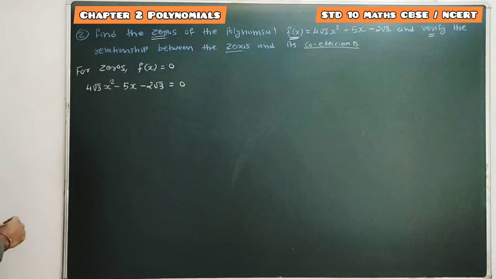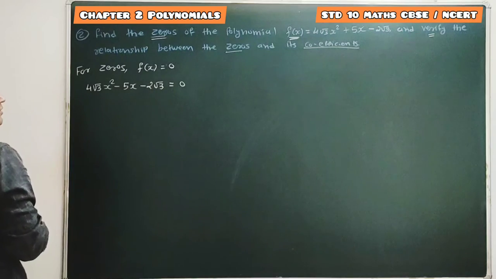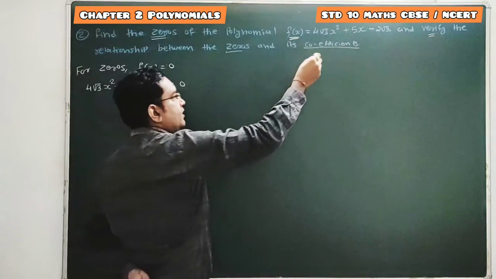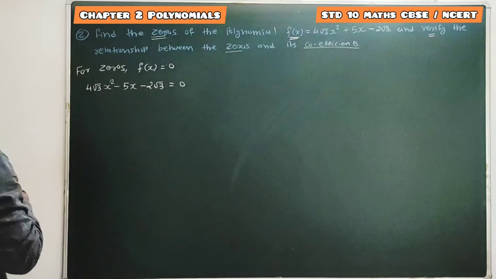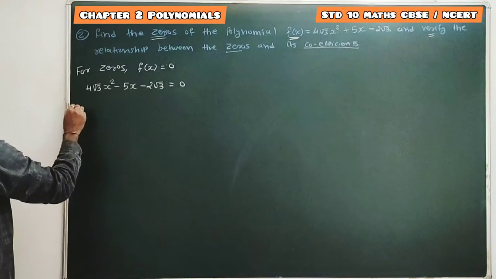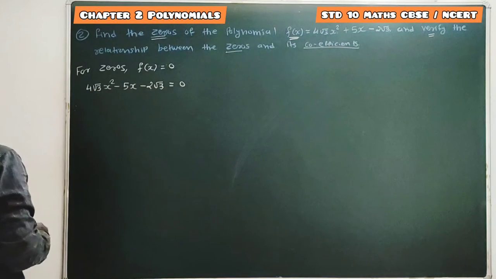This is the given polynomial. Now to find the zeros, we have to solve this quadratic equation. Done. The given polynomial is a quadratic polynomial, and hence we get a maximum of two zeros, alpha and beta. So let's try to solve this equation. It's 4 root 3 and minus 2 root 3.